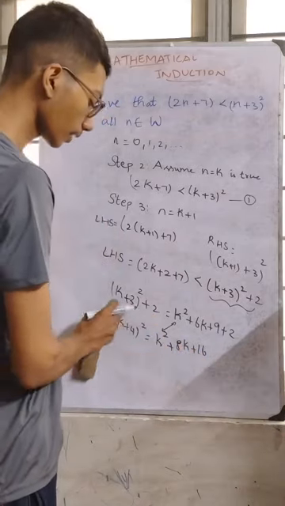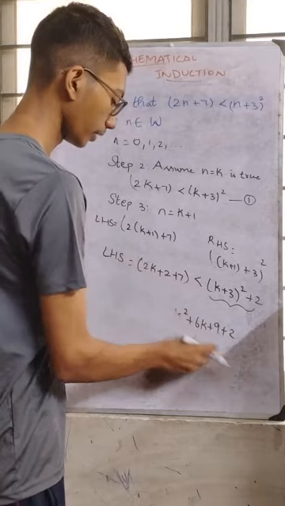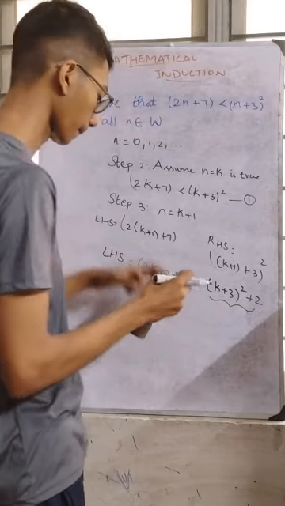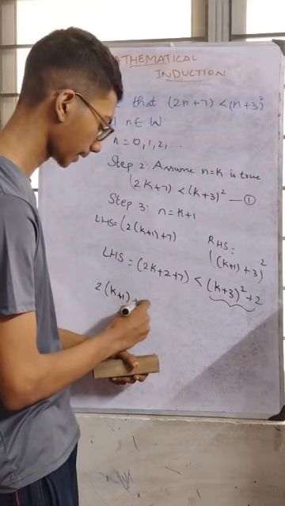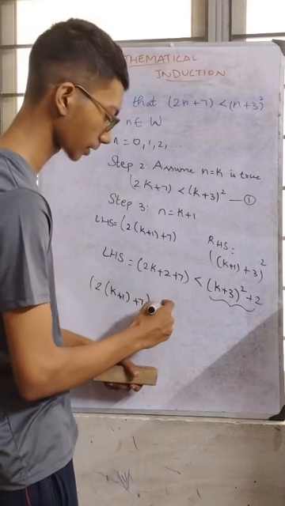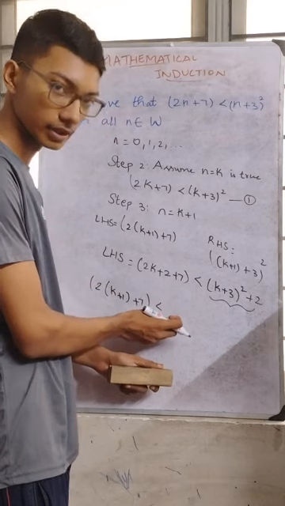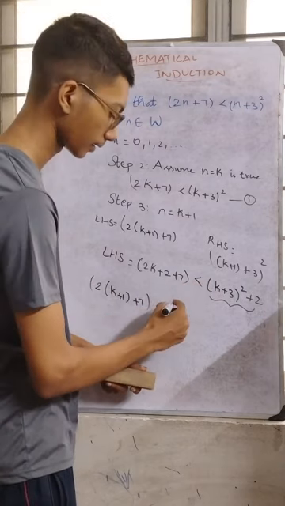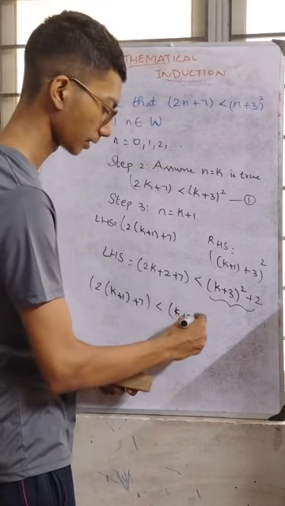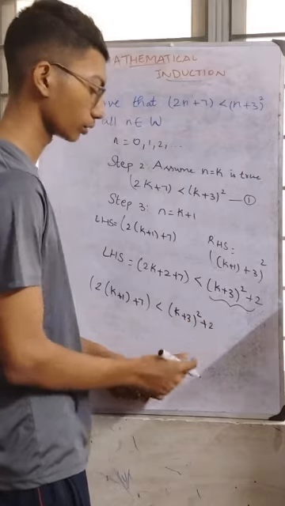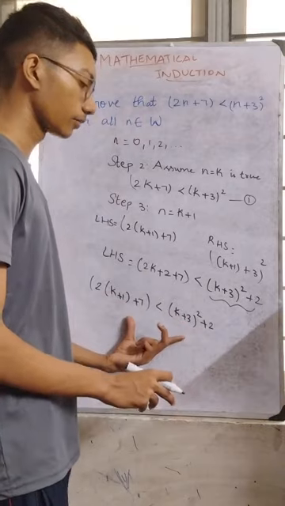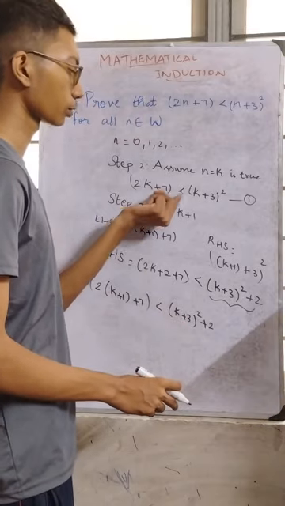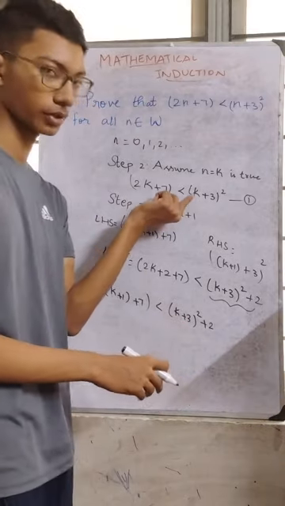So the final inequality will be this. 2(k plus 1) plus 7 is one expression. We found that this expression is less than (k plus 3) the whole square plus 2, by adding 2 to the expression from the assuming step.